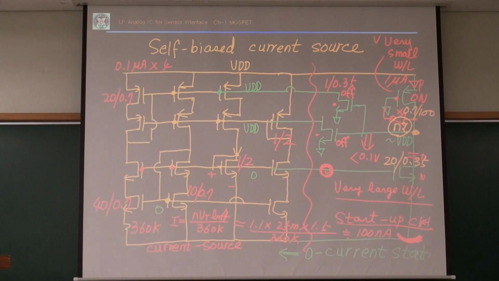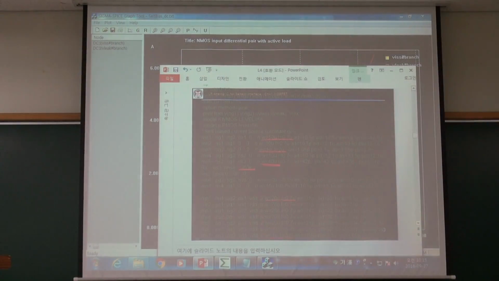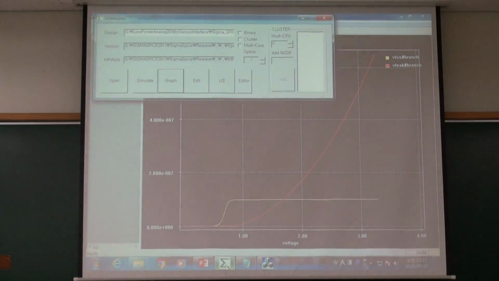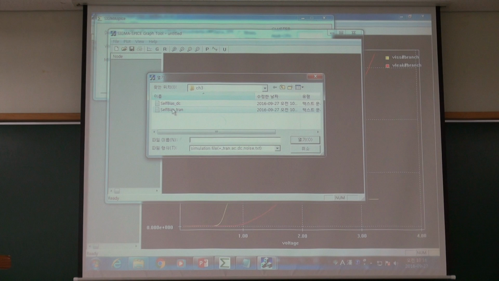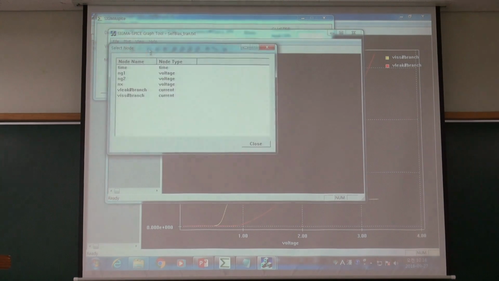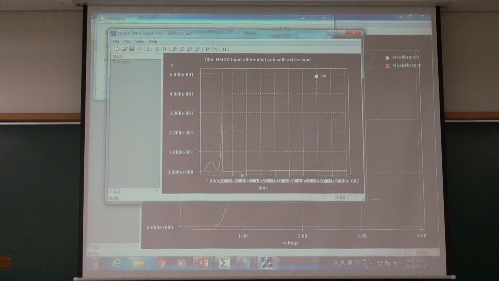What's the NX voltage there? Let's see. Okay, let's look at the transient. My NX voltage became very small.